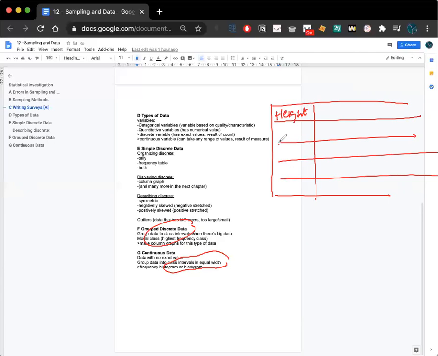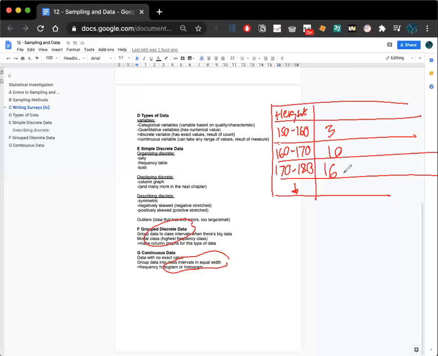Then we can group this into 150 until 160, and then this can be 160 to 170, 170 to 180, and the list goes on. And then let's just say this is 3 people, this is 10 people, this is 16.